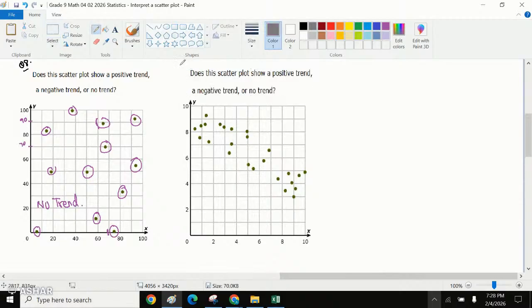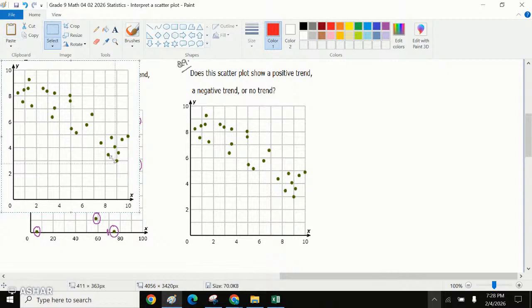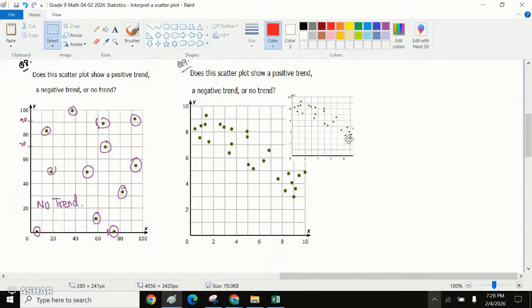This is our question number 9. Can we see the scatter plot concentrated in a particular direction? Concentrated means, are they close to each other? Are they following a particular direction? Let me make 2 more copies of this, so that we can do the workings on this.